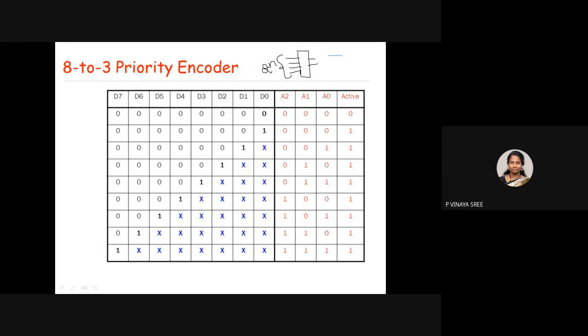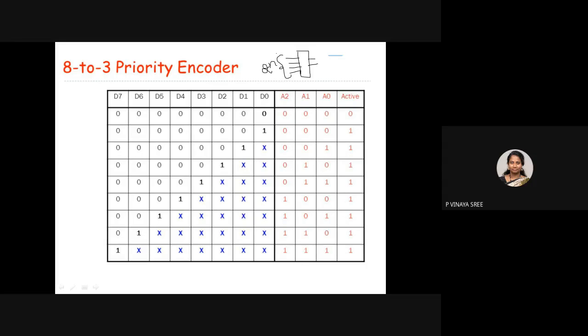Now there is one rule: among 4 inputs at any time only one will be high and the remaining will be 0. Only one input will be high and the remaining will be 0. That is the encoder concept: among 2 power n number of inputs, only one will be high at a time.